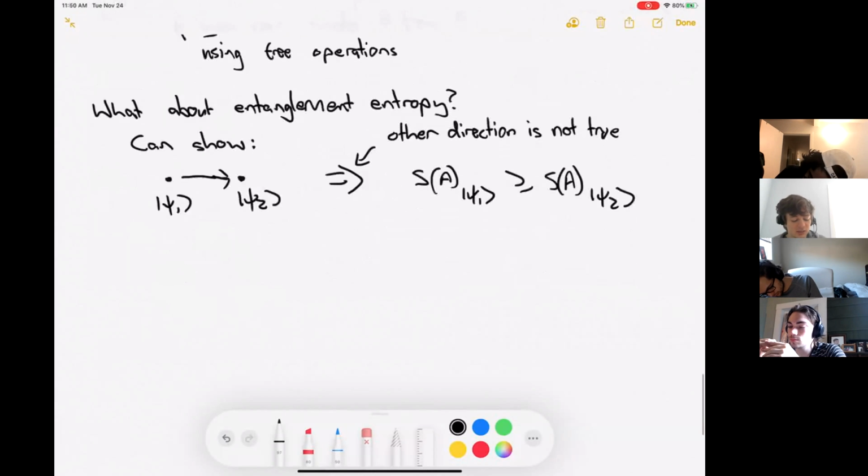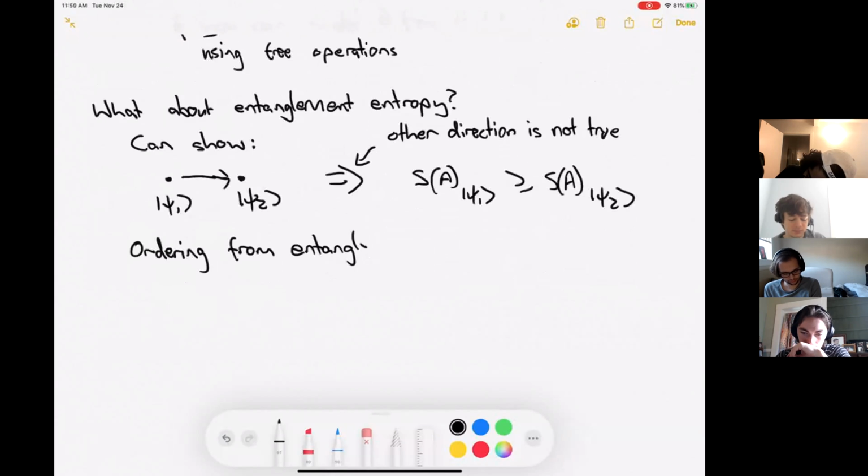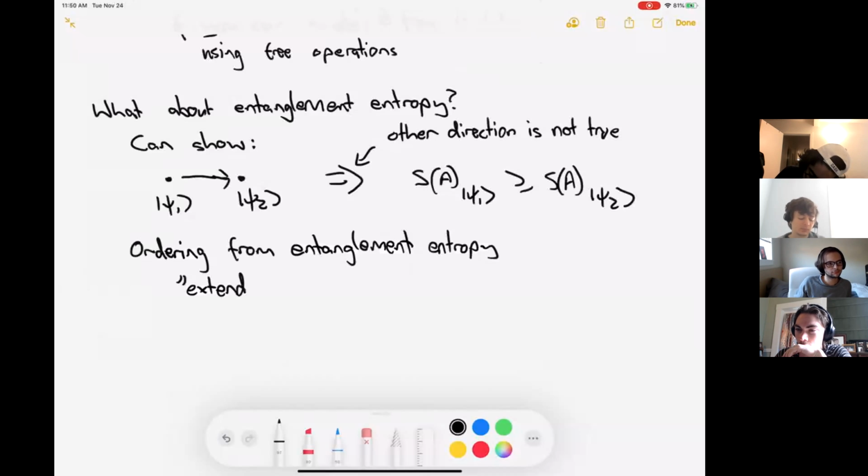So the ordering from entanglement entropy extends the ordering from LOCC.